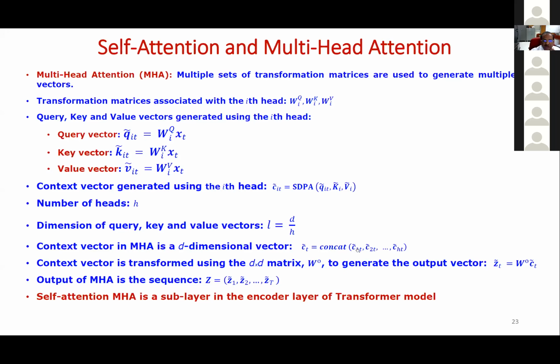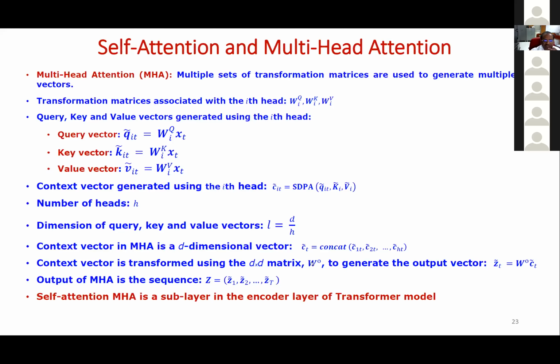Because each of these context vectors is of dimension D by H, when I put H such vectors together, I get C̃t, which is also of dimension D. That is the reason why L is smaller than D and related to D and H in this manner, so that C̃t has the same dimension as the original xt. So basically we are getting a new representation for xt, and like this we generate a representation for every element in the sequence, producing a new representation for the original sequence.